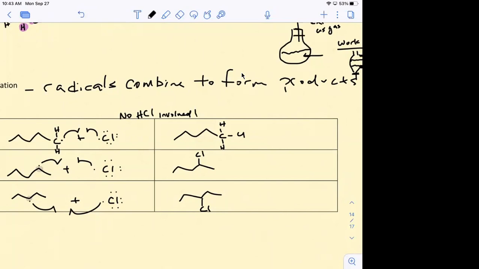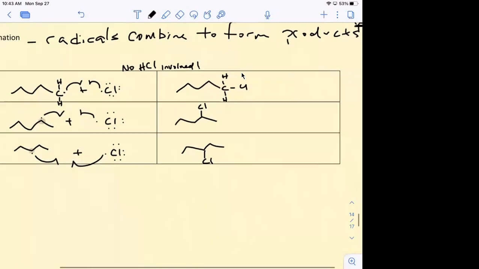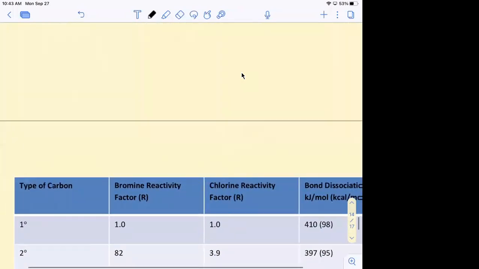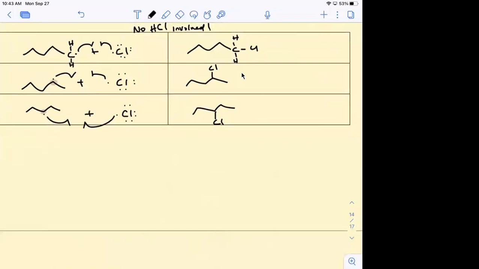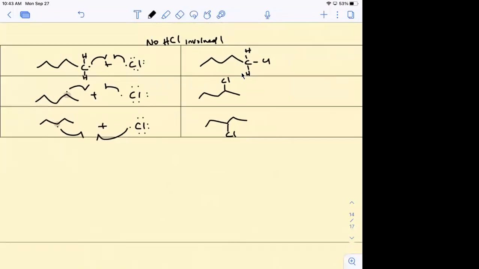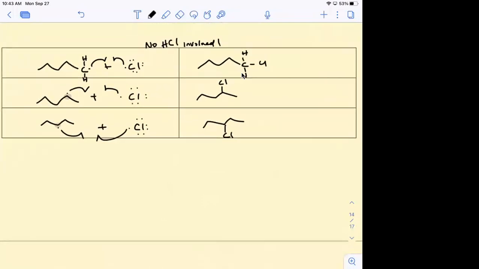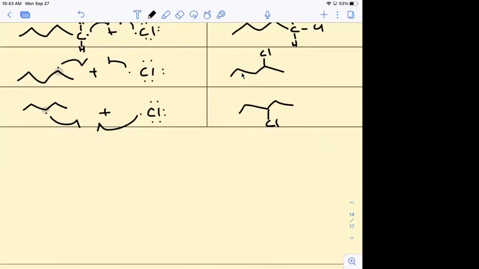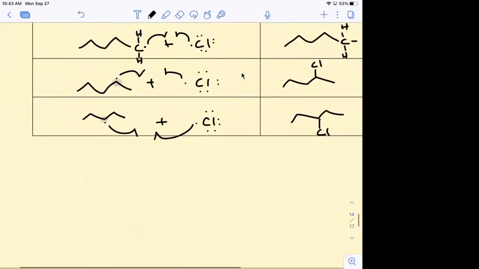All right, let me show you one other thing with this, and then we're not going to have a chance to do the percentages, but we can do that Wednesday. So remember I said how these chain reactions are great. They're really fast, but sometimes you get products that you don't want. Just like these chlorines can combine with your radicals, you also can have what's called a disproportionation.